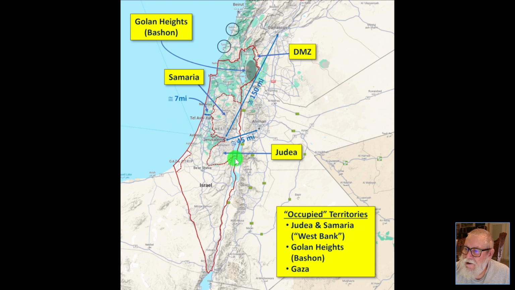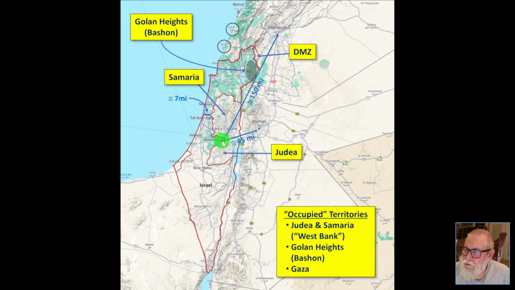The Arab-controlled areas, there were two of them. The West Bank was occupied and governed by Jordan, which back then was called Transjordan. And then this area, the Gaza Strip, was managed by the Arab League. And that was the way it was.